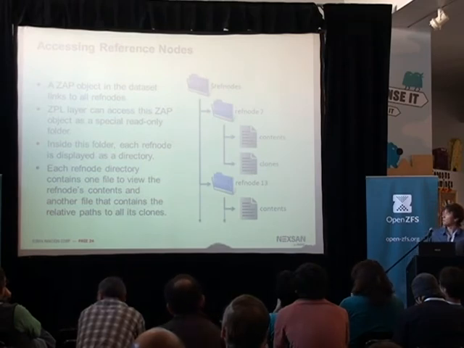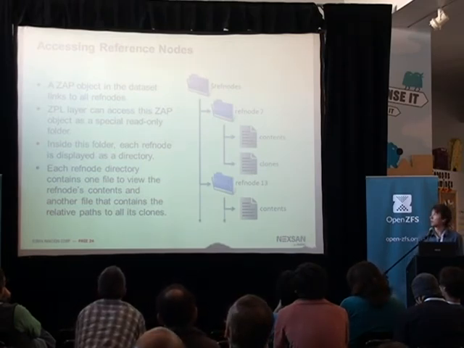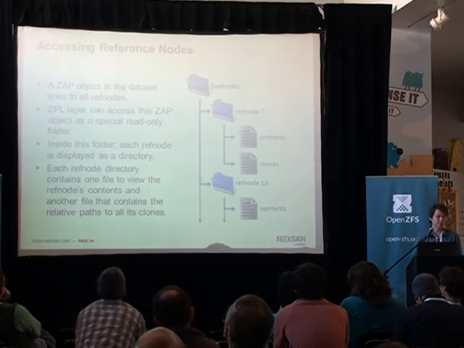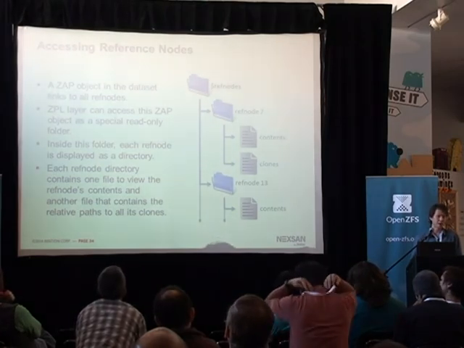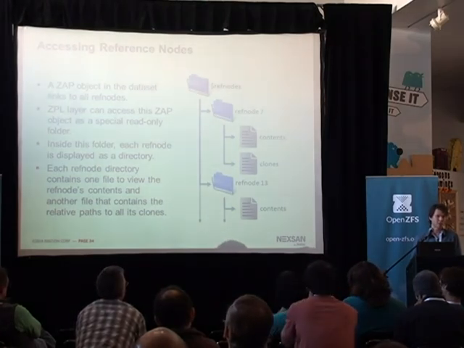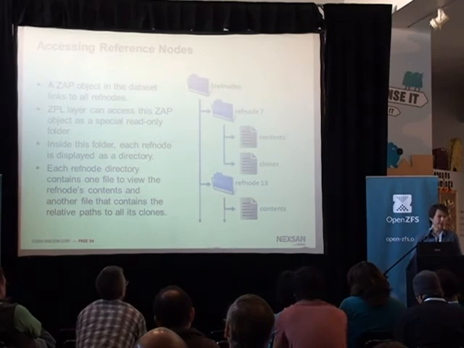Okay, so for administrators, it would be very nice to have some information about the reference nodes which are being created. So, for instance, let's say I make my VMs from some template. Let's say I lost my template, but I already have many clones.